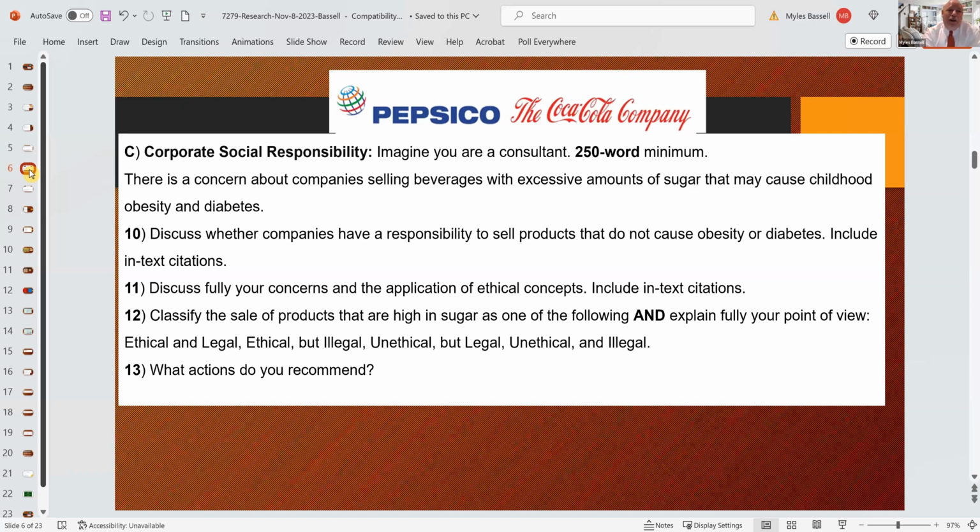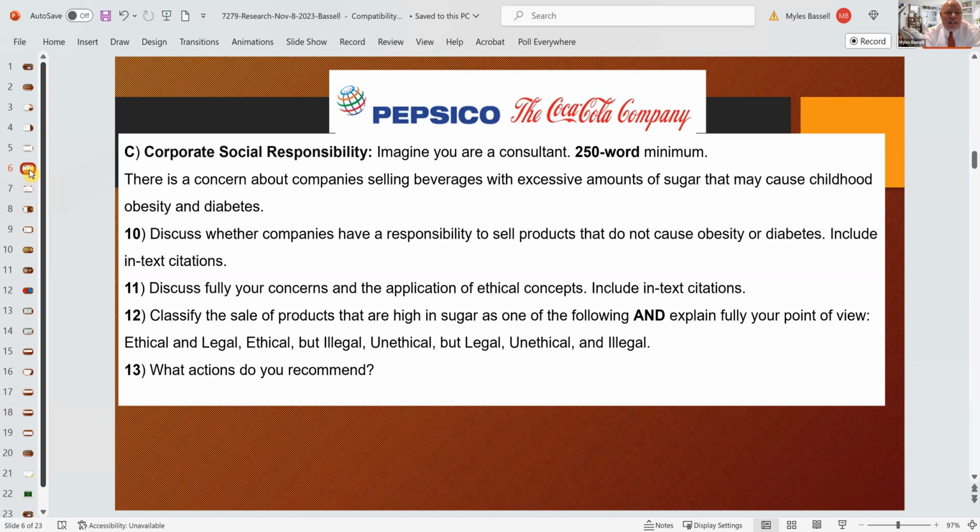So not just about yourself. Okay, I could decide for myself that I won't drink Pepsi or Coke, and I'll only drink bottled water. That's okay. You could mention that, but you also need to think about other age groups, because that's absolutely part of the issue. It's not just about the obesity and diabetes.